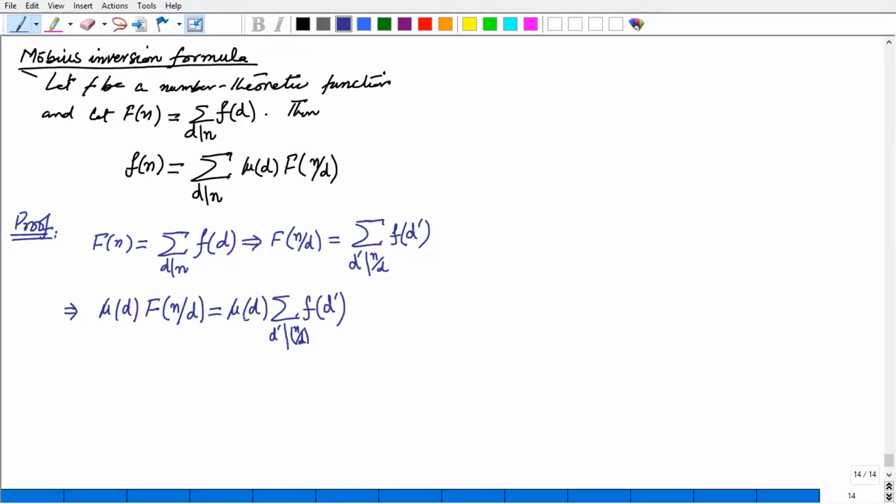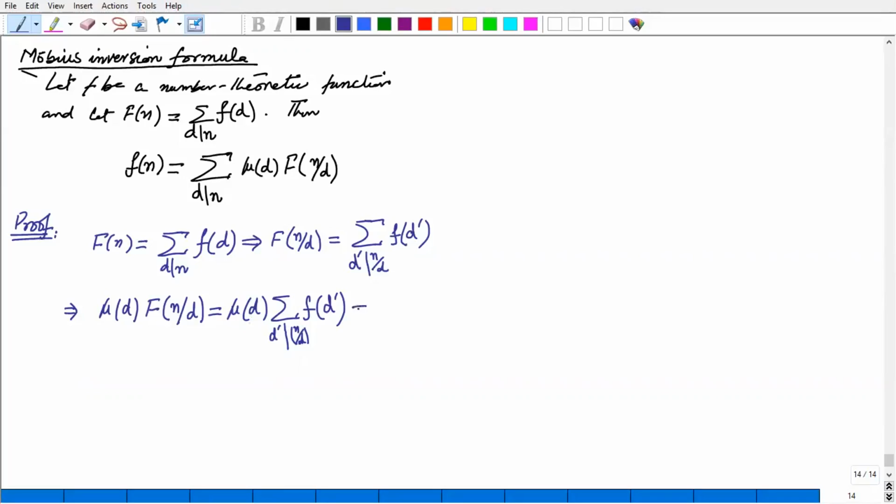This mu(d) can be written either inside or outside the summation, because the dummy variable of the sum is d prime, and there is no d prime in mu(d).